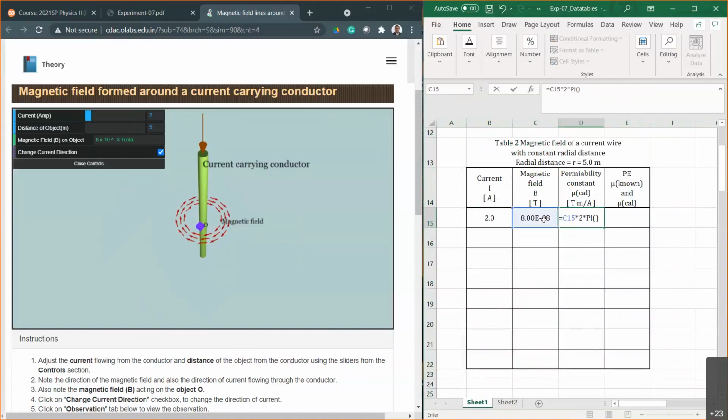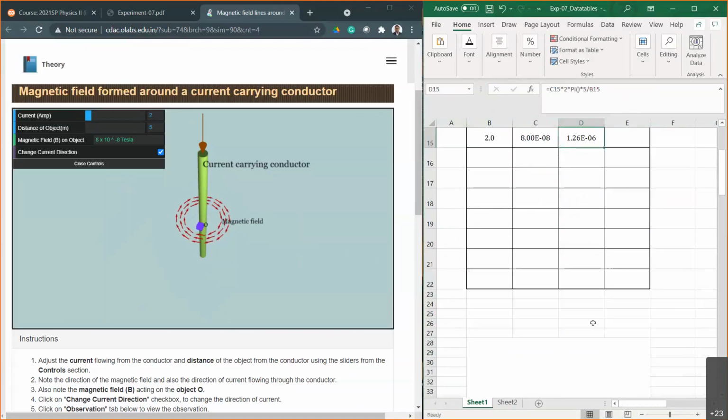That will read all the decimal places of pi. Then multiply by r, a constant, 5 meters, divide by the current, which is cell B15. Then hit enter. So I'm getting about 1.26 times 10 to the negative 6. So this is the formula I'm using for mu, permeability, okay?